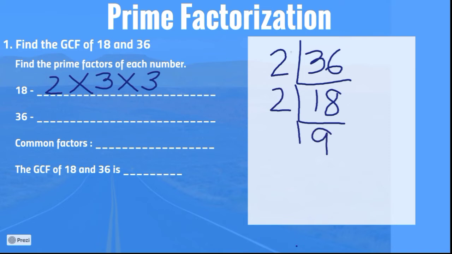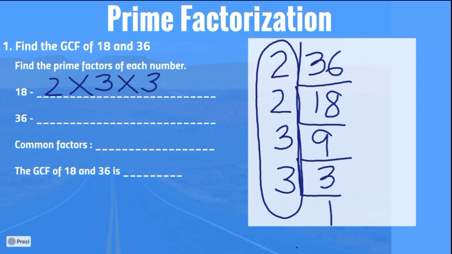At ang 9 ay composite number pa rin, divisible by 3. So divide natin sa prime number na 3. And 9 divided by 3 is equal to 3. And 3 divided by 3 is equal to 1. So, prime factors of 36 are 2 times 2 times 3 times 3.